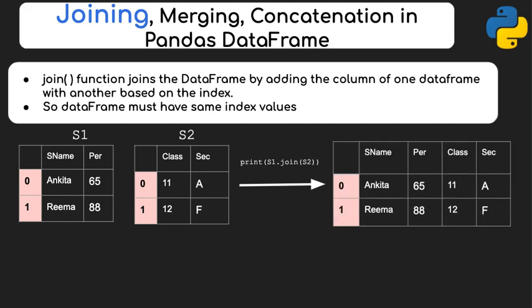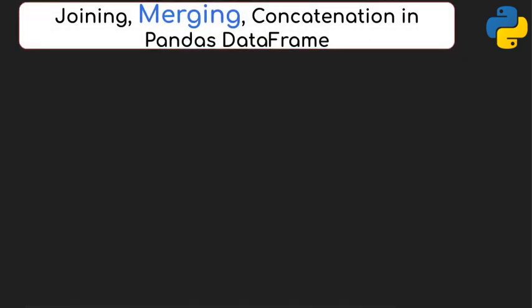You will get the joined table. Remember, S1 or S2 will not be modified. You can modify it by storing it into another data frame, or you can just simply print the result as shown right over there.